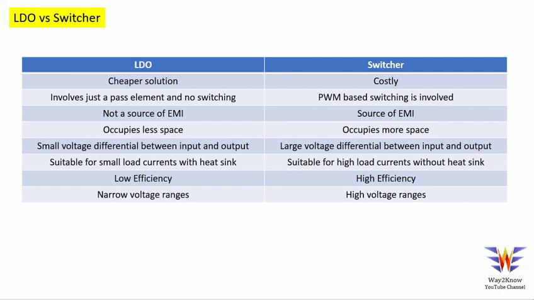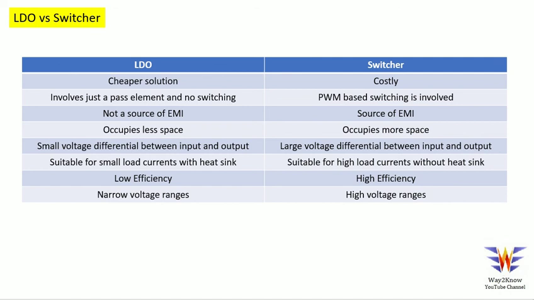And even with somewhat higher load currents, because of the switching involved, we can use a switcher without a heat sink for the same current as the LDO. For example, for 1 amp, the same switcher with 5 to 3.3 volt conversion can be used without a heat sink. And definitely an LDO, because of the power being dissipated, has lower efficiency, whereas switchers can have higher efficiency.